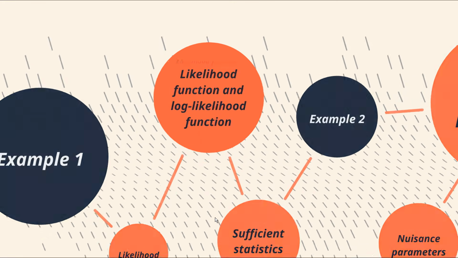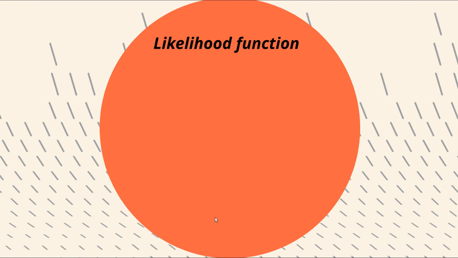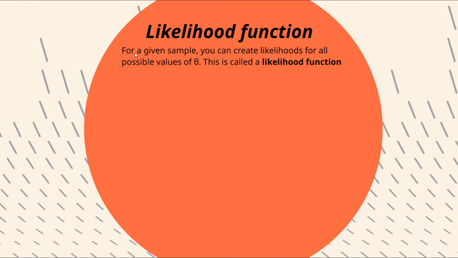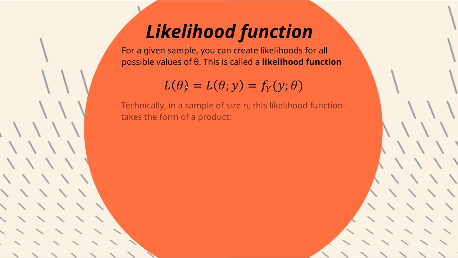So let's now look at the likelihood function. Again, the official definition: for a given sample, you can create likelihoods for all possible values of theta, and this is called a likelihood function. So notice here we no longer have subscripts for our theta. This is a likelihood function where you provide a value of theta and get output a likelihood for that potential parameter value.